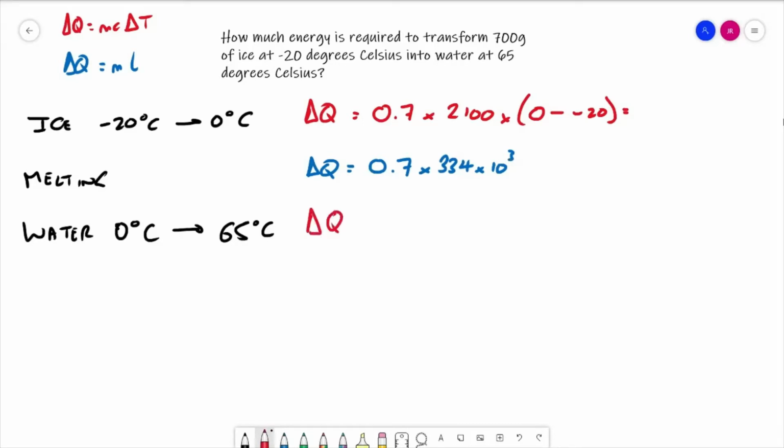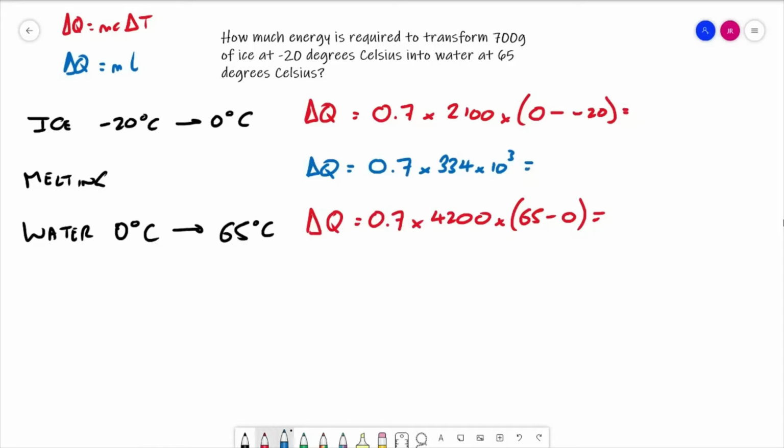Then the water, delta Q is m, 0.7 times the specific heat capacity, 4200 multiplied by, and again, final is 65 minus initial is 0.